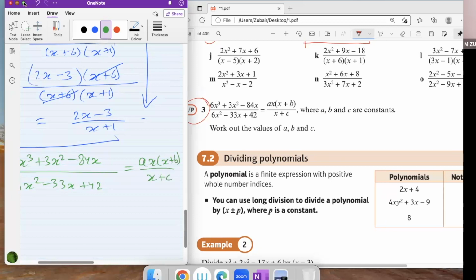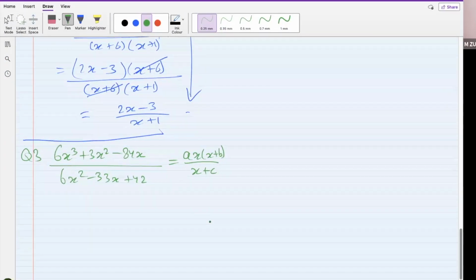So we have to find a, b, and c. Actually, we'll be simplifying the left-hand side in order to get a, b, and c, and then we'll compare these.